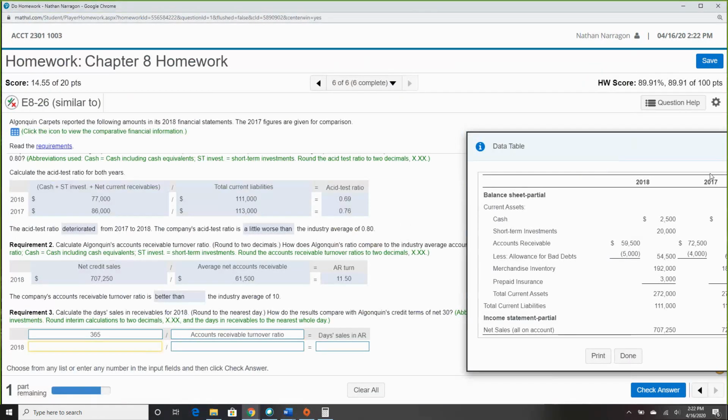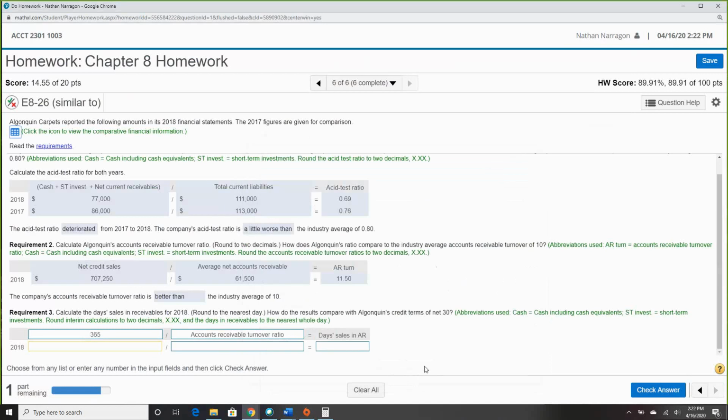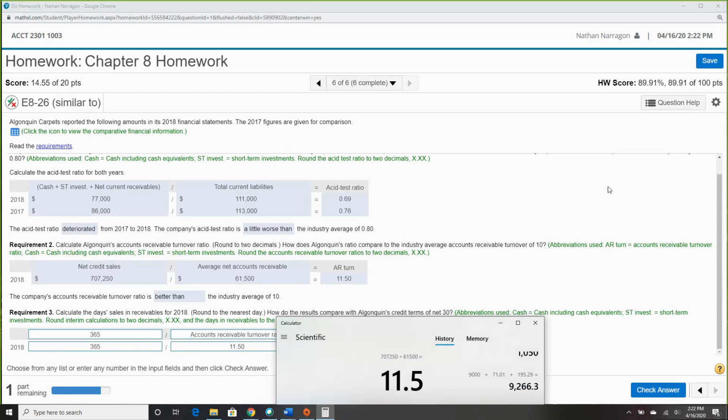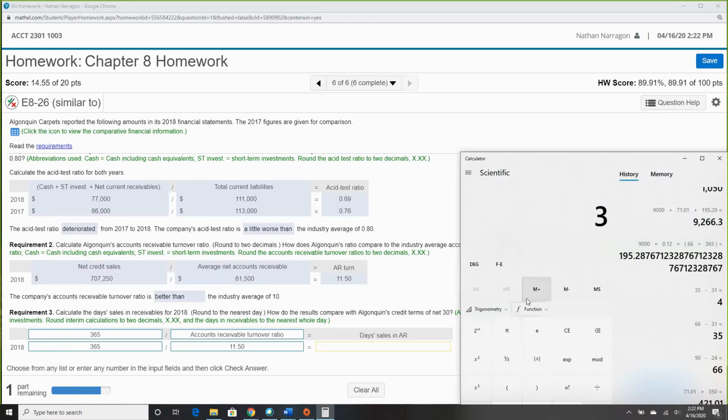So don't need this anymore because these numbers are already given to us. So 365. Our accounts receivable turnover ratio is up here, 11.5. I'm going to put 50 just for 2 decimal places. And now it's just calculate. So 365 divided by our ratio.